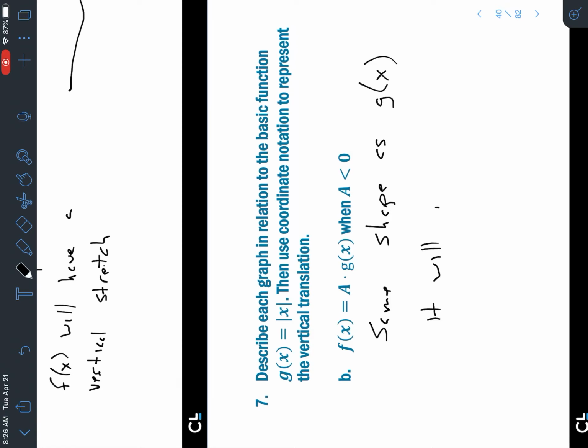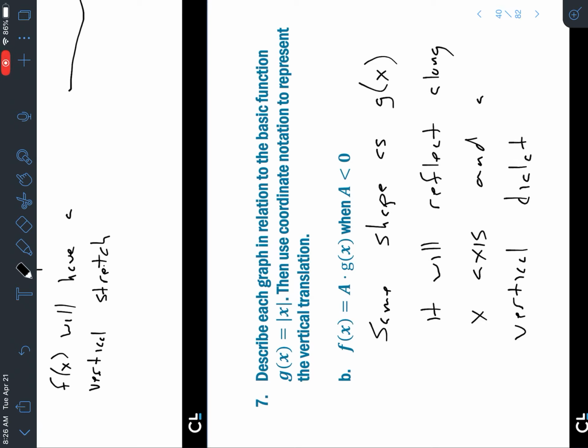It will reflect along the x-axis and a vertical dilation. Nope, I added one extra a.